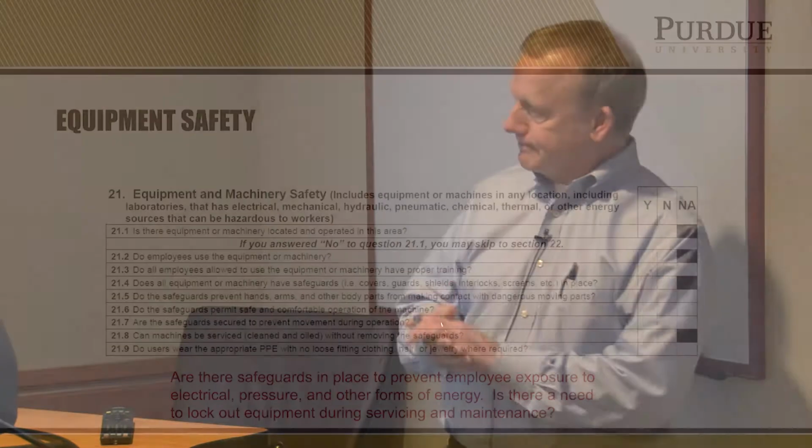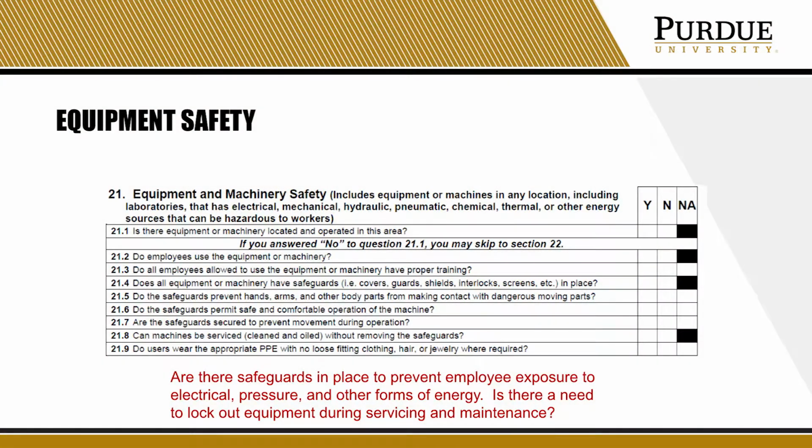Equipment. So we often work on equipment, and that's good as well. Sometimes it's unique equipment that no one else can really work on, but we want to make sure that people working on it utilize the proper safety measures.